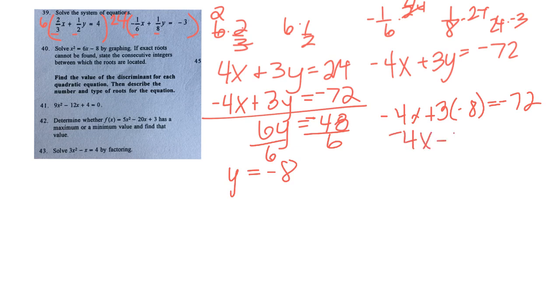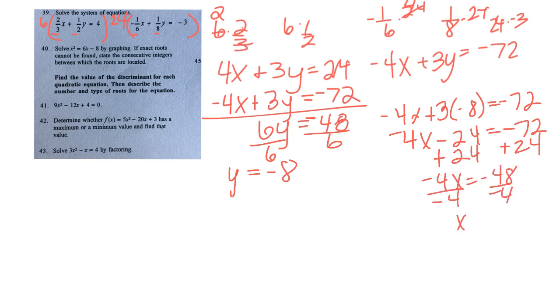Negative 4x minus 24 equals -72. Add 24. And negative 4x equals -48. Divide by -4, and x equals positive 12. So 12, -8 is my solution.